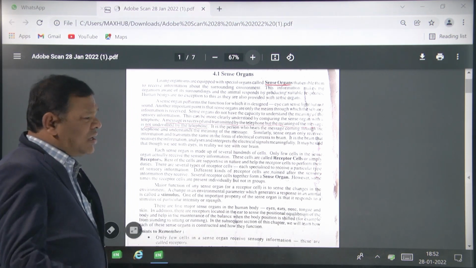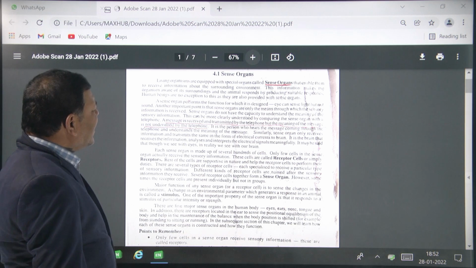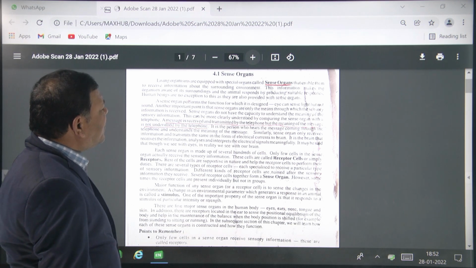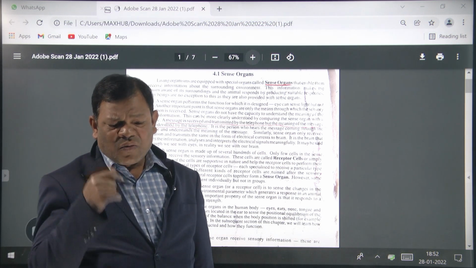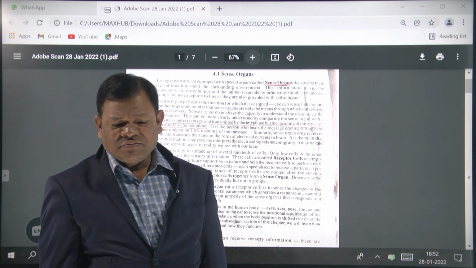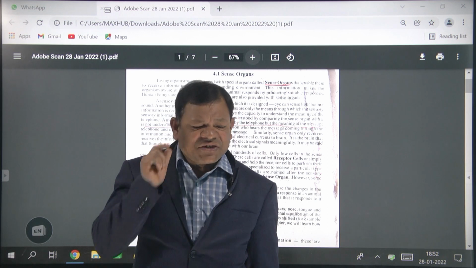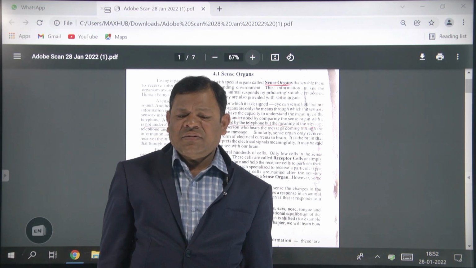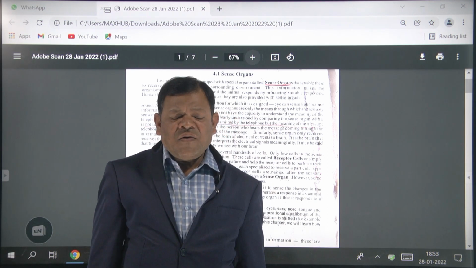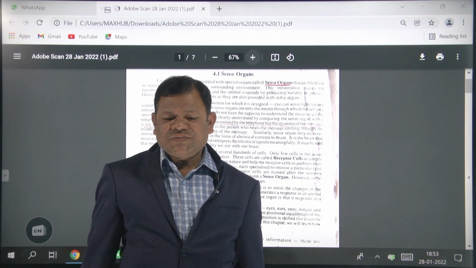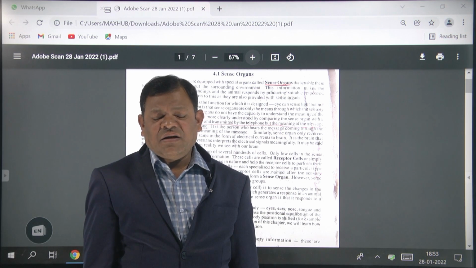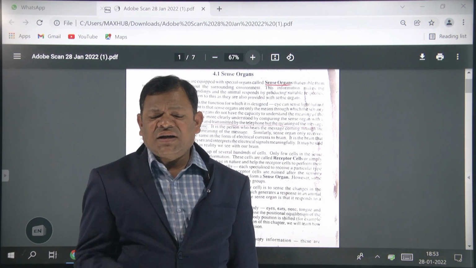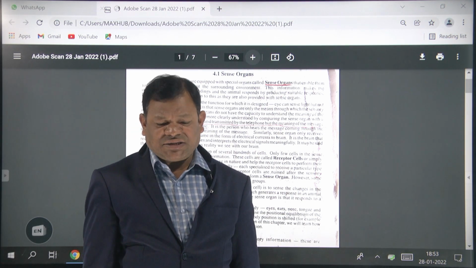Now listen carefully. A sense organ performs the function for which it is designed. For example, what is the function of the eye? To see. What is the function of the ear? To listen. What is the function of the nose? To identify smell. What is the use of the tongue? To identify taste.